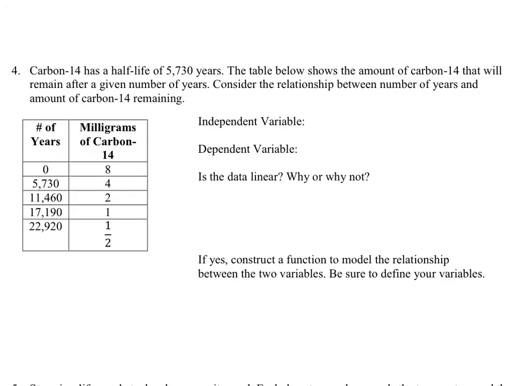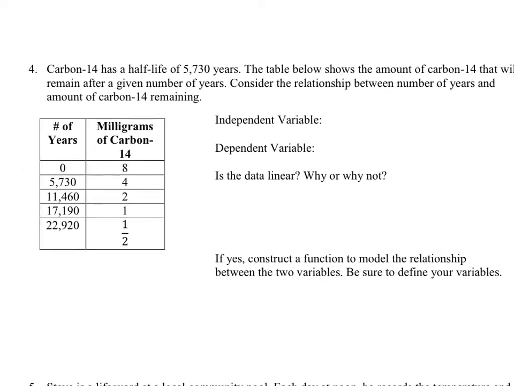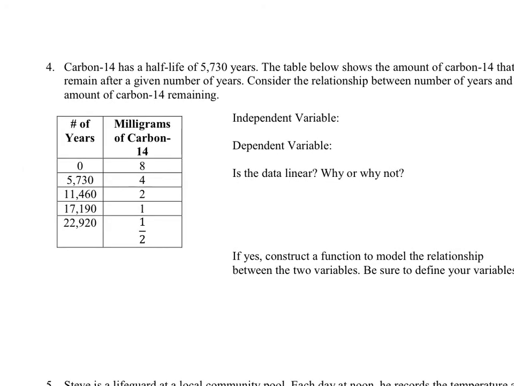Carbon-14 has a half-life of 5,730 years. The table below shows the amount of carbon-14 that will remain after a given number of years. Consider the relationship between number of years and amount of carbon-14 remaining. Now, this is all common knowledge, so you guys should know this already. But we can identify the dependent and independent variables.